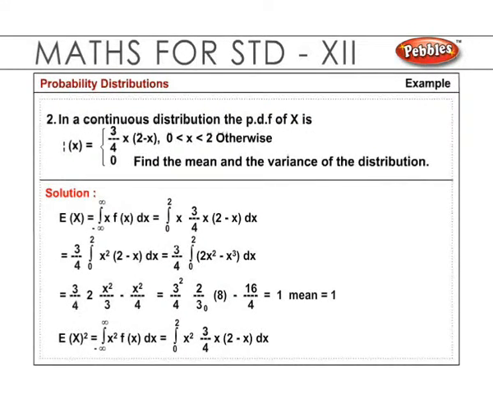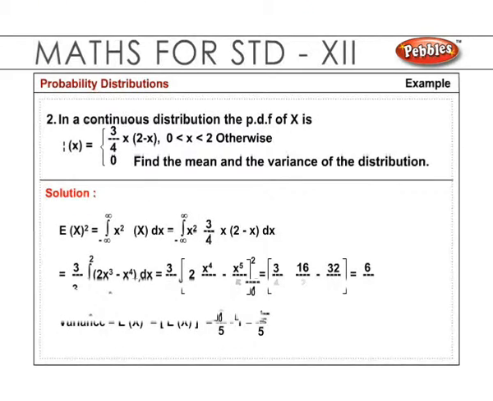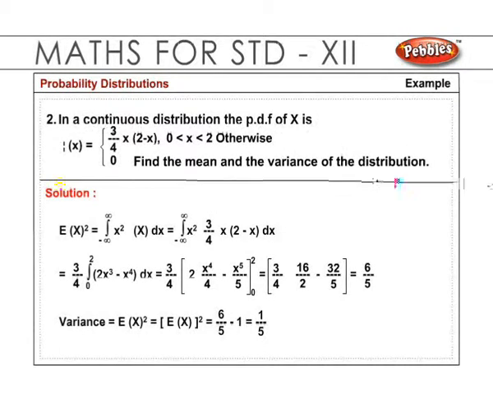E of x the whole squared is equal to integral minus infinity to infinity x squared f of x dx, which is equal to integral 0 to 2 x squared times 3 by 4 x of 2 minus x dx, which is equal to 3 by 4 integral 0 to 2 of 2 x to the power of 3 minus x to the power of 4 dx.